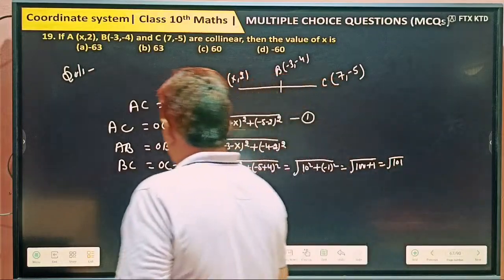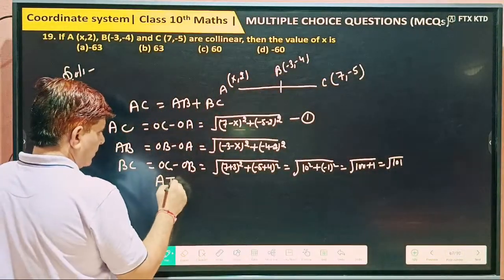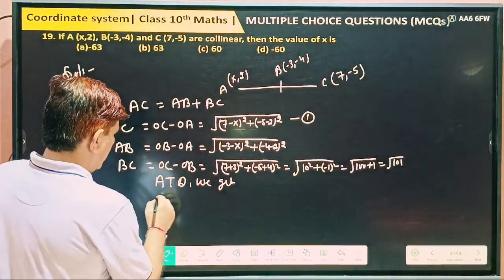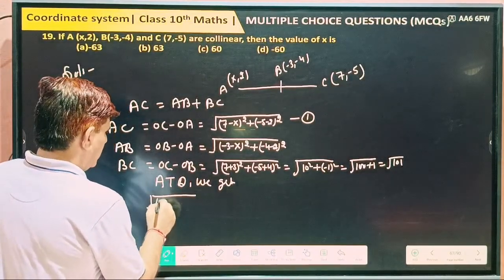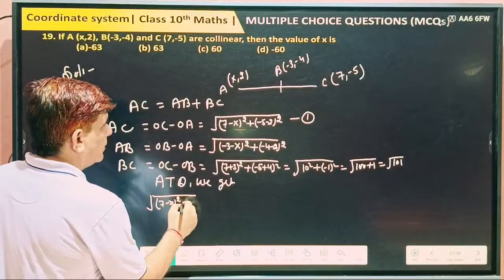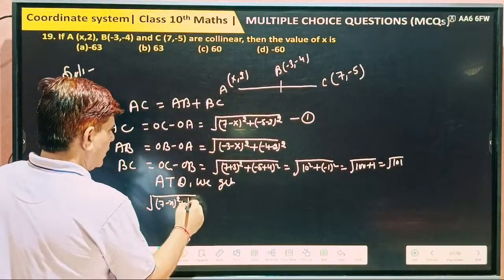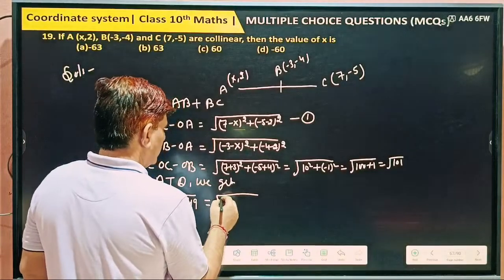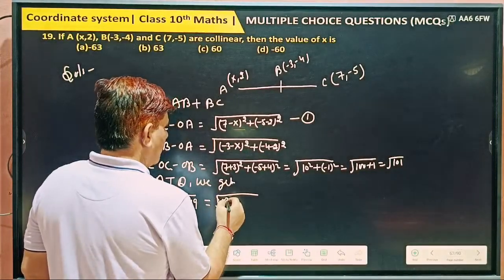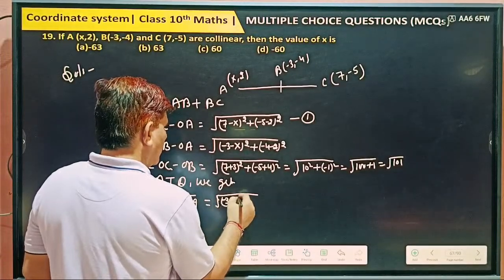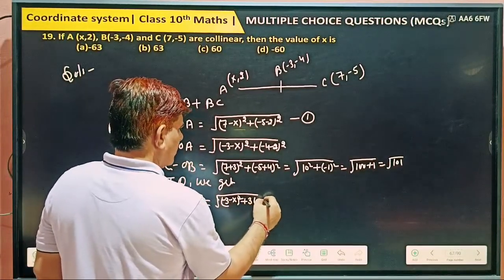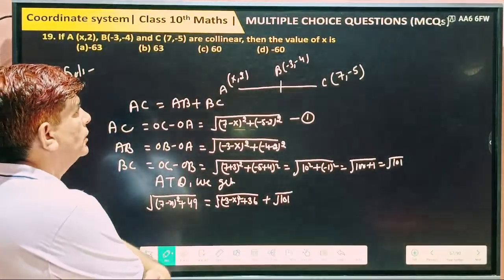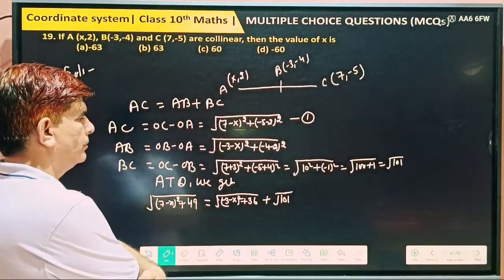Then according to the question we get AC: the square root of (7 minus x) whole square plus 49 is equal to the square root of (-3 minus x) whole square plus 36, plus the square root of 101.